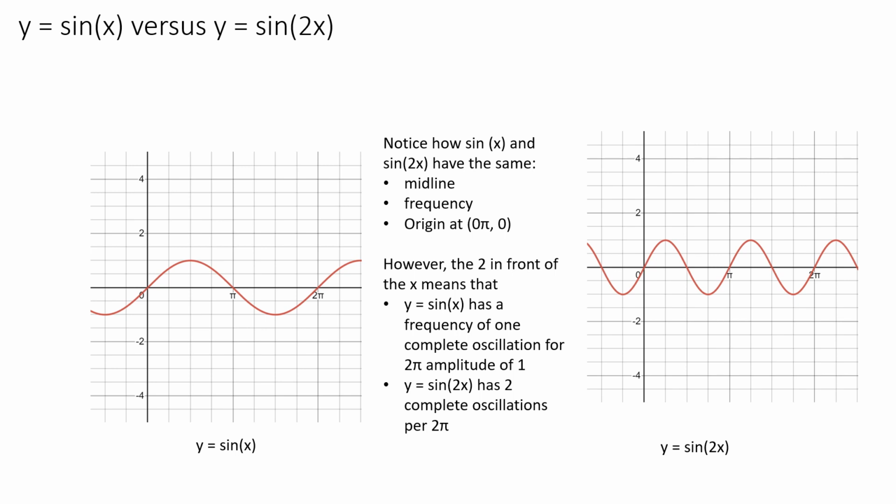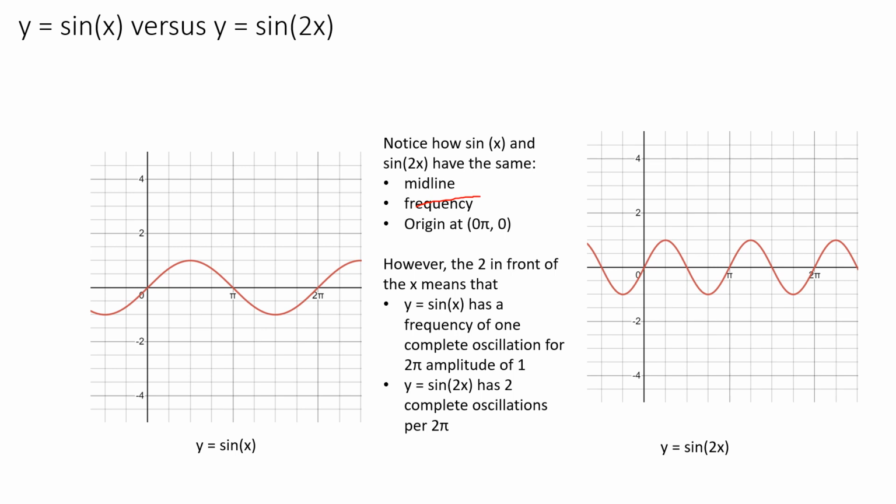Now, what if we have sine x versus sine 2x? We still have the same midline. We do not have the same frequency. We have the same origin at 0, pi, 0.